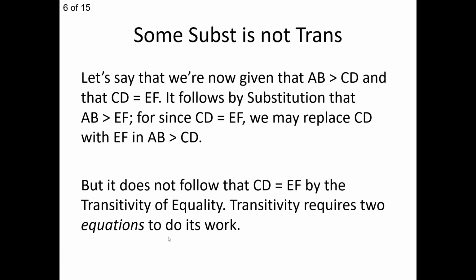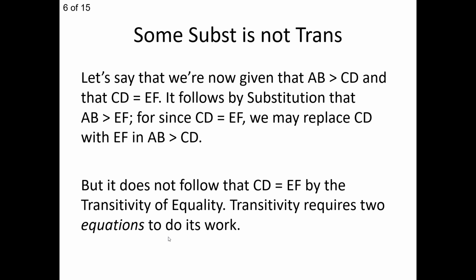Alrighty? But not all substitution is transitive. There are some substitution properties that when we use them, they're not transitive properties. So, for example, let's say we were given AB is greater than CD, and that CD is equal to EF. Well, then it follows that I can take that expression CD out and replace it with the expression EF. So that means I now have the new statement AB is greater than EF, because we replaced CD with EF. But notice that you can't do that with transitivity of equality.